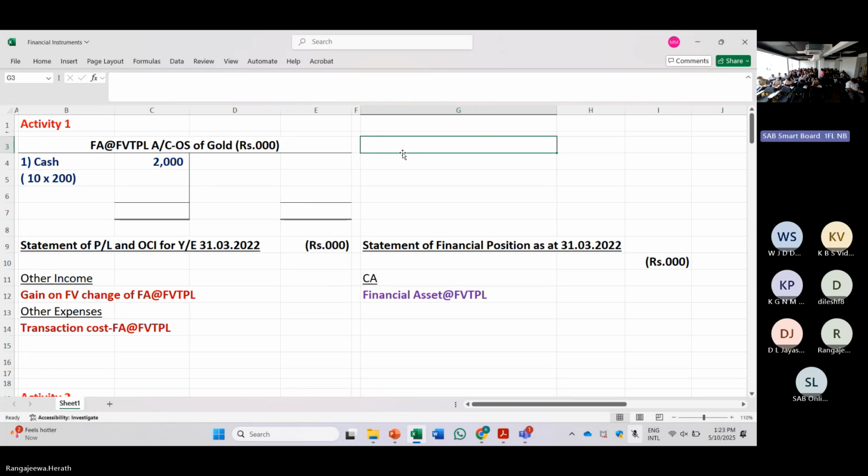I'm going to prepare the cash account. Credit cash, debit financial asset at fair value through P&L.